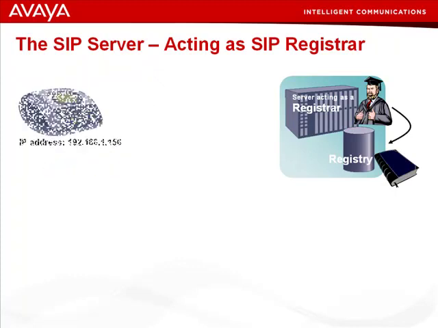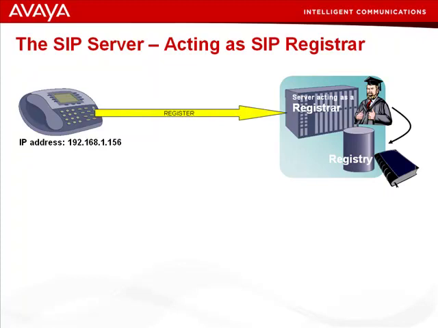So if we want others to be able to call us without first having to know our IP address, all we have to do is register with the registrar. Our registration includes both our public address and our private or contact address bundled together in a SIP register request that's sent out over the network to the registrar. When the registrar gets it, he unpacks the addresses from the request and writes them to the registry.